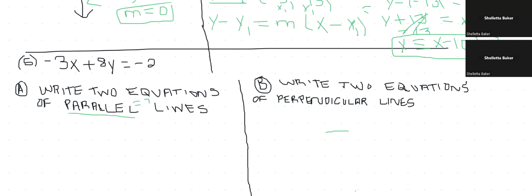So really, once we find the slope of the given line, that slope should be the same for the 2 equations on the left. And the same goes for the 2 equations on the right. We want to write our 2 equations, but understanding that the slopes of perpendicular lines, they're opposite reciprocals. So they're going to have opposite signs, and then they're going to be reciprocals of each other.